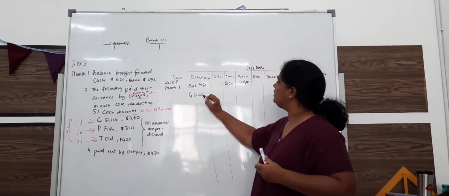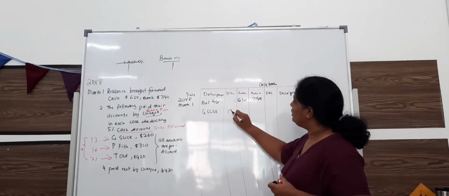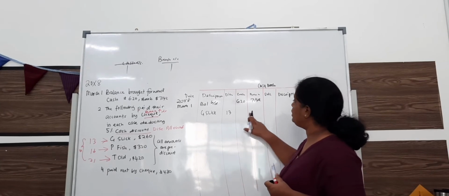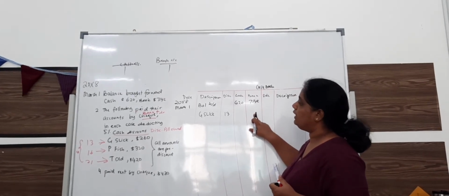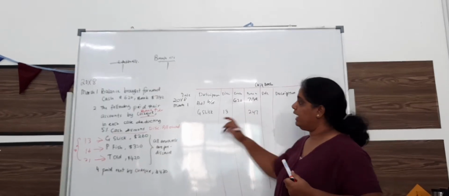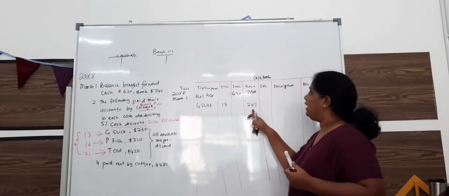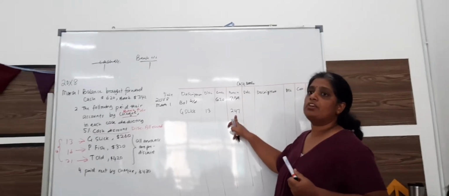On your debit side, the discount is how much? 13. So how much will we get back? 247. He has to pay me 260. I gave him 13 in discount, so I received a check of 247.